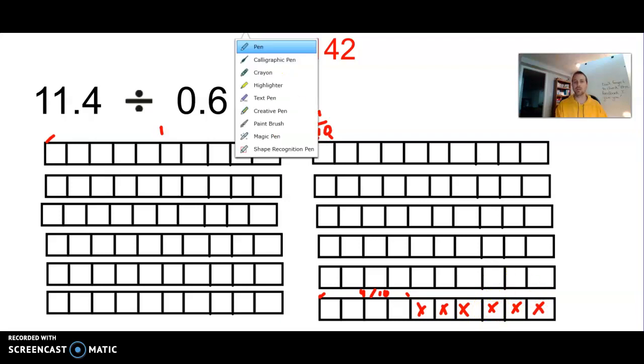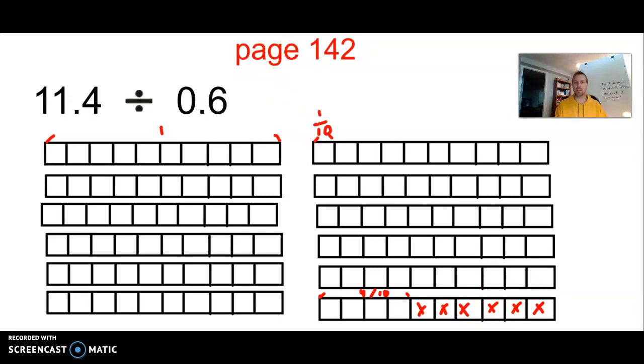And now I'm going to highlight or shade in groups of 6/10. So I would have 3, 4, 5, 6/10 here. Let's try that again. I have 6/10 right here. I'm going to grab another 6/10. And there's 6/10. Another 6/10. 2, 3, 4, 5, 6.